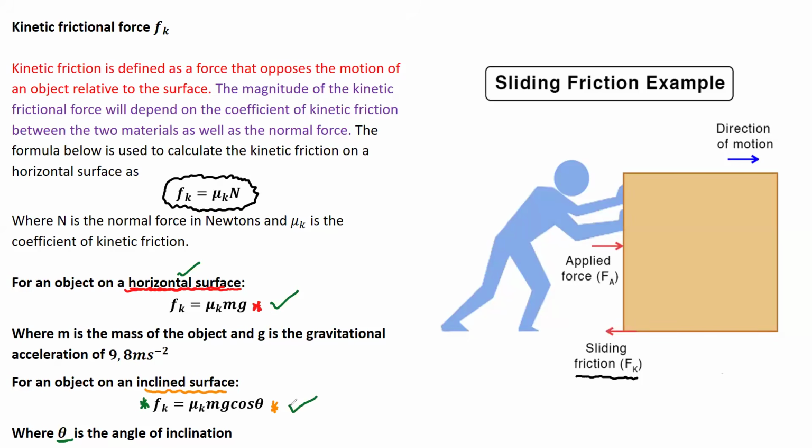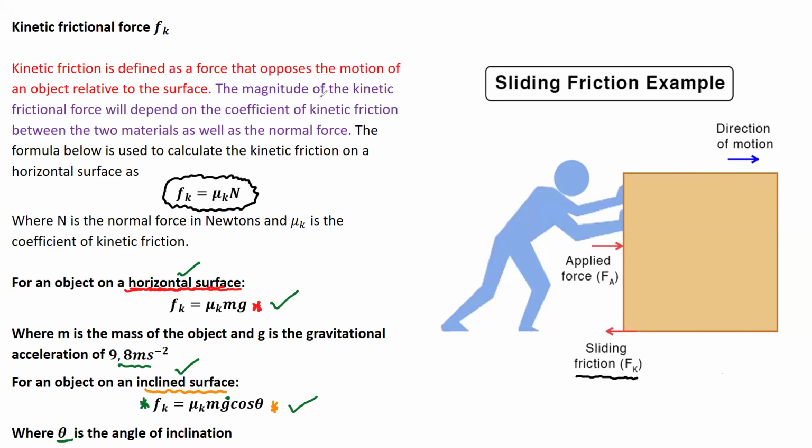Whether you pick this one, the information should be that it's on an incline, where Fk is mu k, the coefficient of kinetic friction, multiplied by the mass of the object, multiplied by the gravitational acceleration, whose value is 9.8 meters per second squared, cos theta, where theta is the angle of inclination.